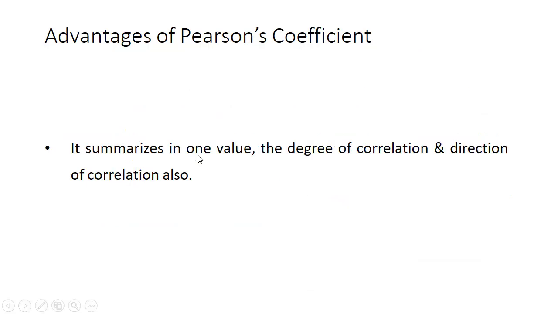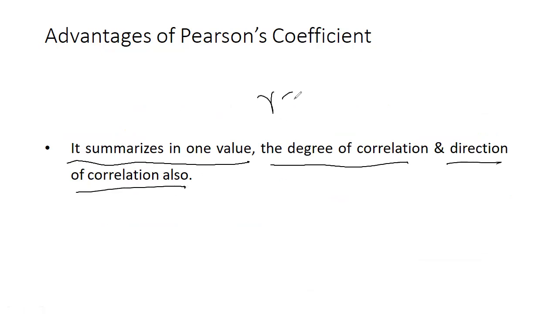Now, advantages of the Pearson coefficient of correlation. It summarizes in one value the degree of correlation and the direction of correlation also. It means the range may be plus or minus 1. Degree means strength.